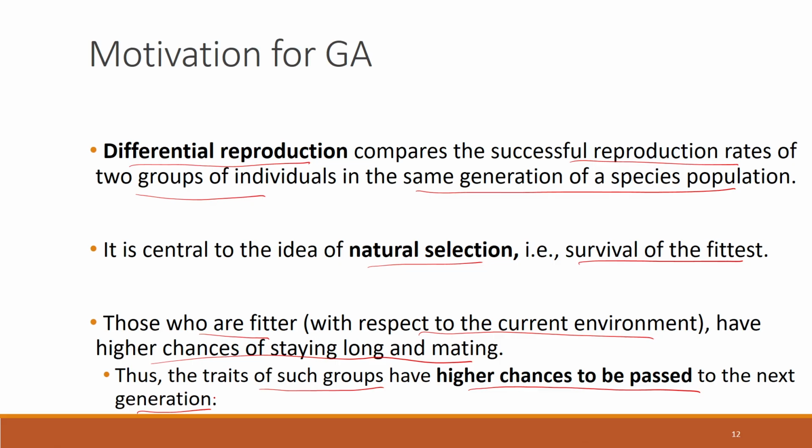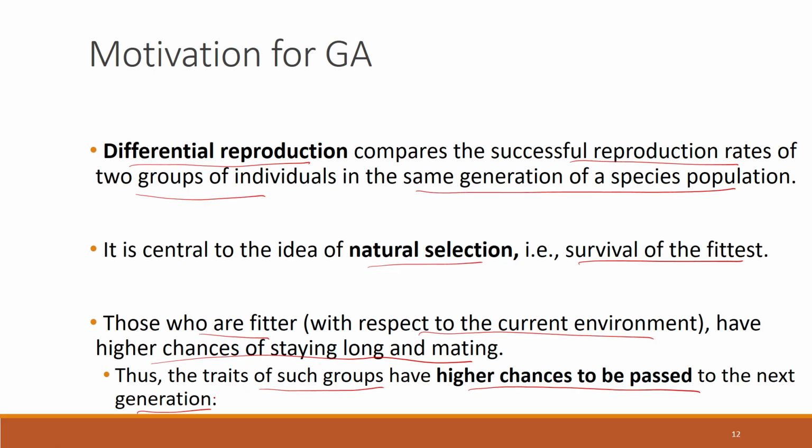So all of these different concepts, such as heredity, genetic variations, differential reproduction and so on, similar concepts have been used to devise genetic algorithms. For example, this idea of natural selection will be used to give a higher likelihood for solutions that are closer to optimal to get passed on in the next iteration of the algorithm as compared to the solutions which are far away from the optimal.